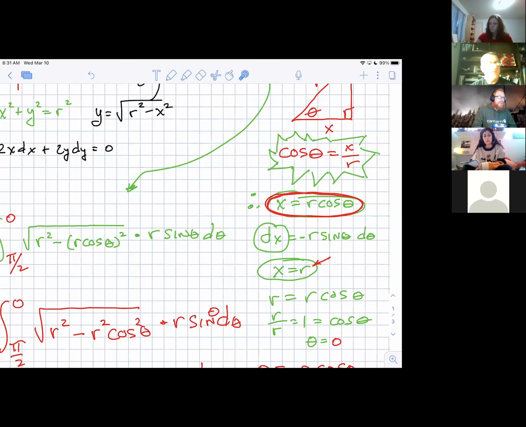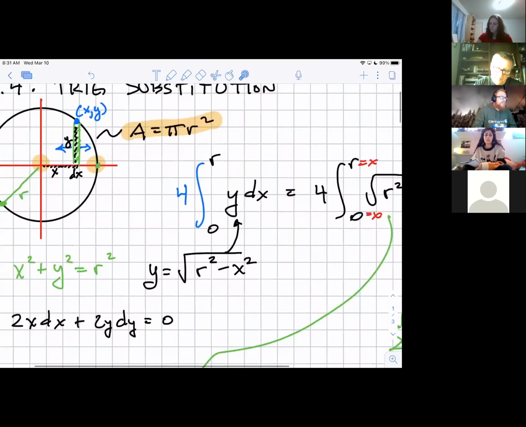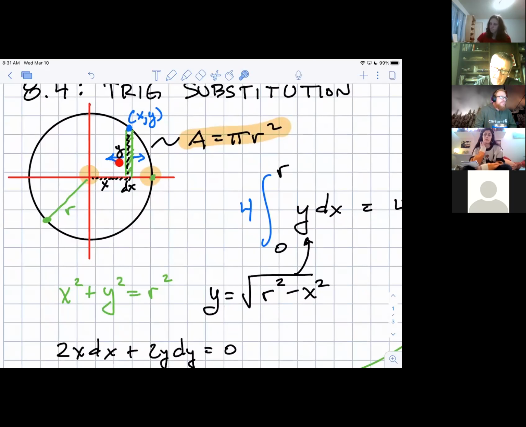Now, if you stop and think about that, notice that makes perfect sense. Because if the X distance right here, notice what's the X distance right here? It's not very long, it's short. But right here at theta equals 0, isn't X R? Notice that's kind of cool. You can actually see that in the picture. It isn't just algebra.